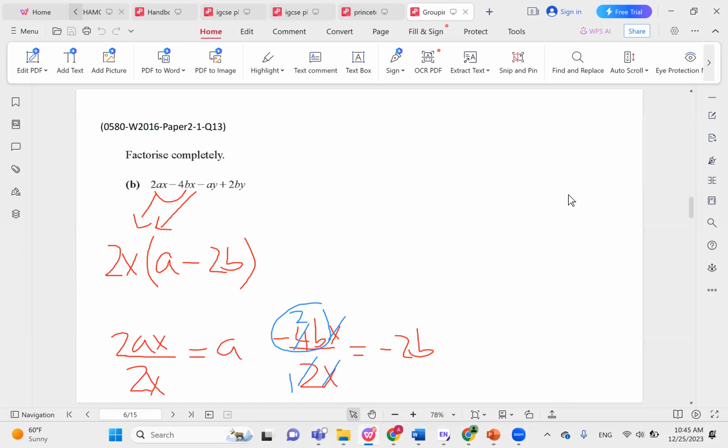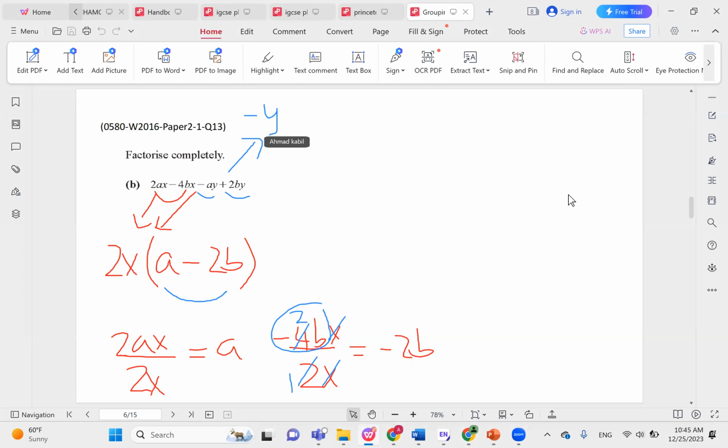Now for the second pair, we have negative ay plus 2by. Remember, you're trying to get another replica of this bracket. So you want the bracket to have positive a and negative 2b. So it's smart to try to take out negative y as a common factor instead of positive y.